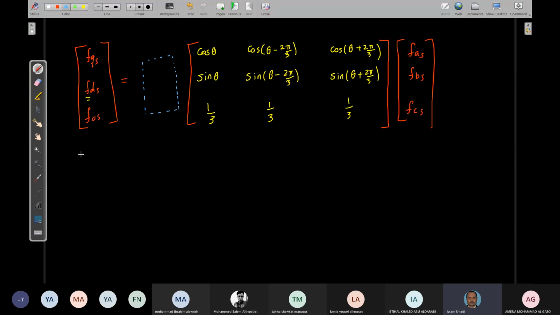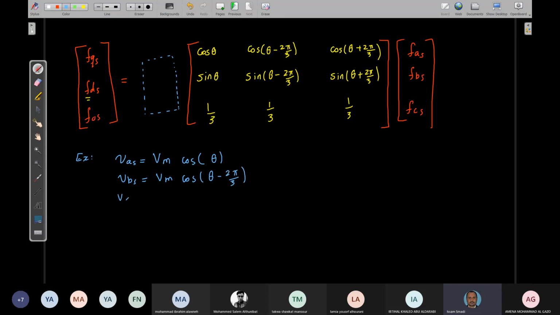For that, let's take the following example. Let's assume that we have voltage FAS, which will equal VM cosine theta. And we have VBS, which will equal VM cosine theta minus 2 pi over 3.